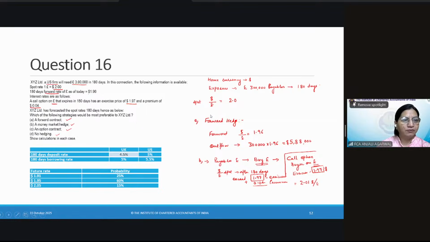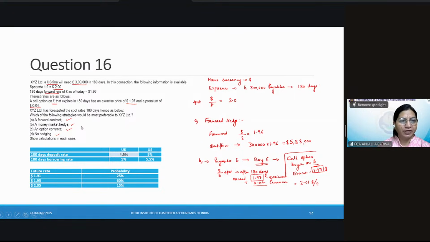And we have also been given the forecast of spot rates 180 days from now onwards. So what will be the spot rate? That can also be calculated using the expected value. So the question that is being asked to you: which of the following strategies is most preferable?